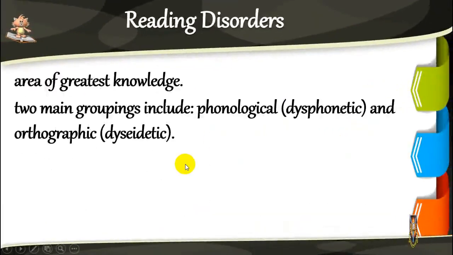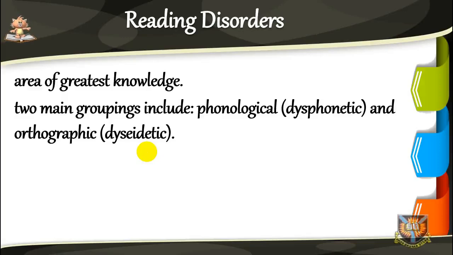This falls into 2 main groupings: phonological, that is, dysphonetic, and orthographic, dyseidetic. The former is more prevalent and is characterized by deficits in decoding and word analysis, with guesses made based on the initial letter of the word, and misspellings being phonetically inaccurate.